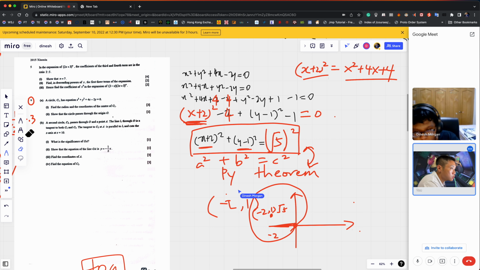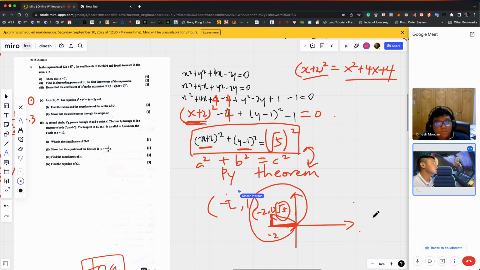Then 0 minus the 1 is this one. From here to here, you form a right-angled triangle. This is your square root 5.